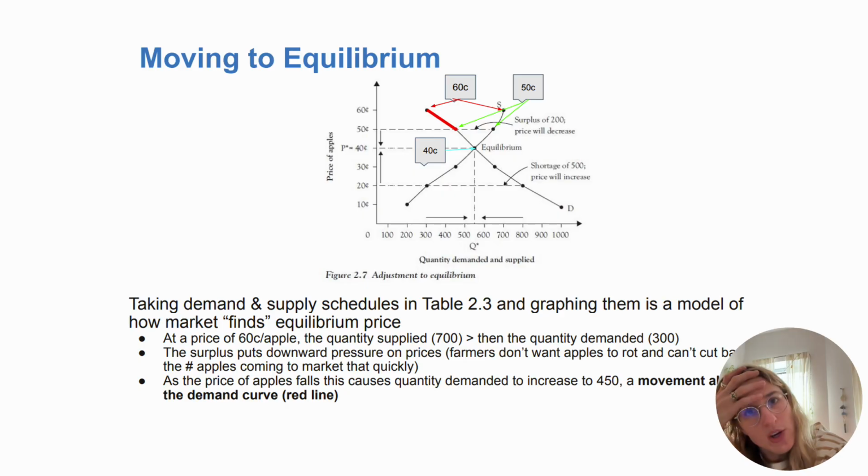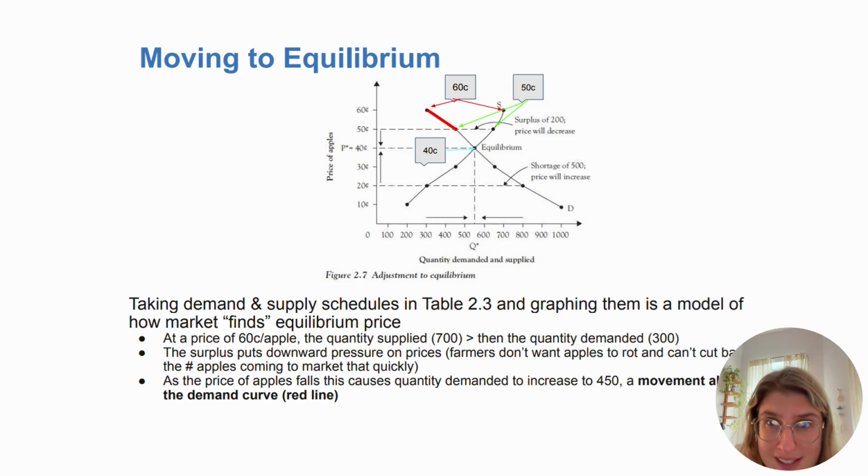So here's how markets naturally move towards equilibrium. Here at 60 cents per apple, producers are eager to sell 700 apples. To see how much producers want to supply at that price, we look at the supply curve. At 60 cents, producers want to sell 700 apples.